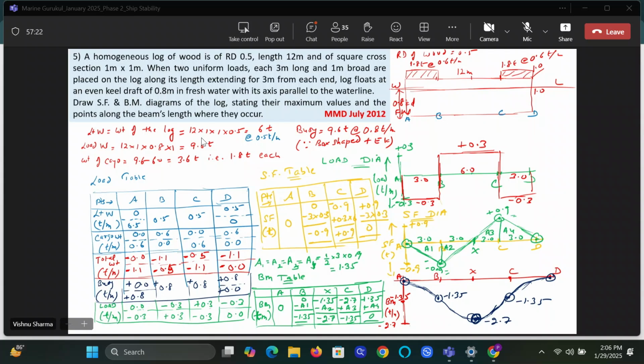Neither the loadicator is wrong, nor what you're studying is wrong. It's only the sign issue. Otherwise, the stress values will not change. Okay, guys? So don't get unnecessarily confused whether the loadicator is wrong or were you taught wrong. It's neither of the two. Both are right. Only thing is the loadicator may be using a reciprocal sign convention, right, Peter?